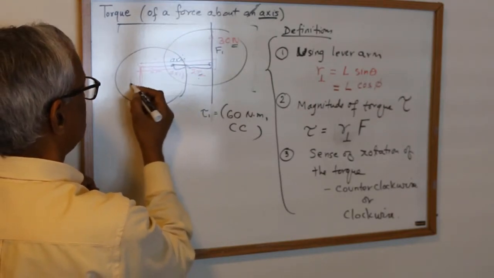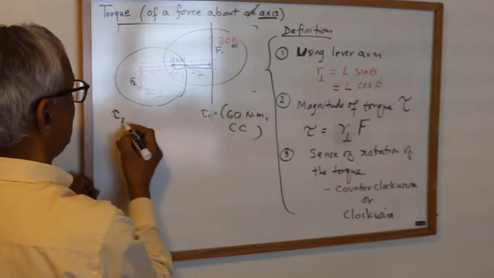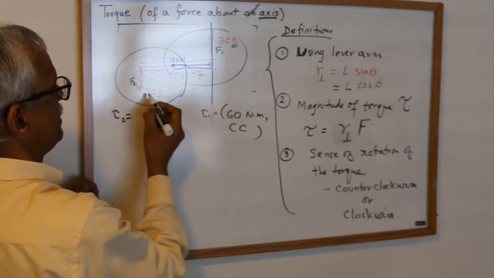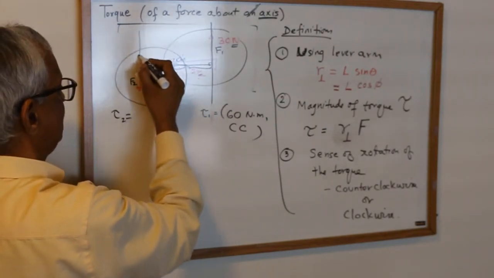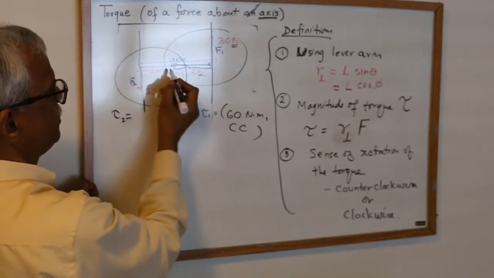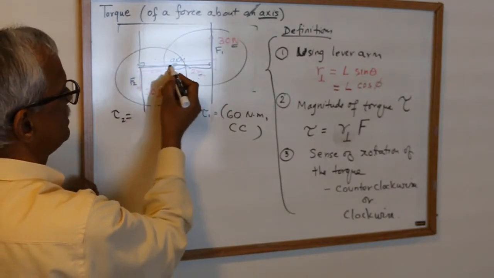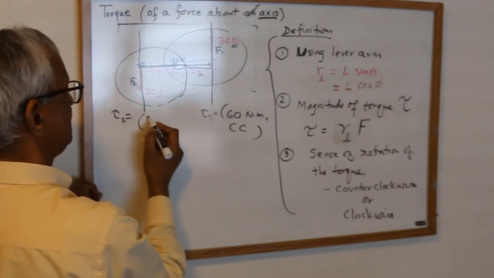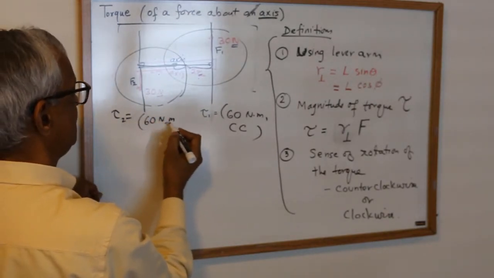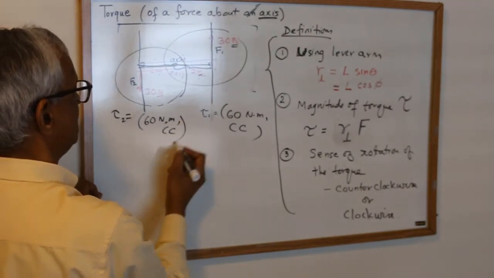I need to keep track of what sense it is. I do this one, let's call this F2. Tau 2 is, well, I go to the axis, and on the line of the force, I drop 90 degrees. This is the same lever arm, so it's 2 meters again. So I get 60 Newton meter, counterclockwise.